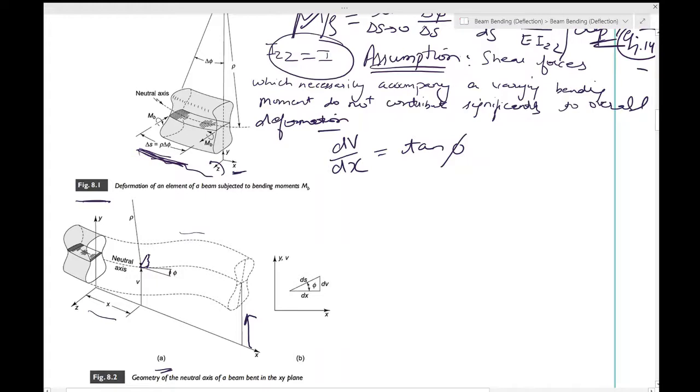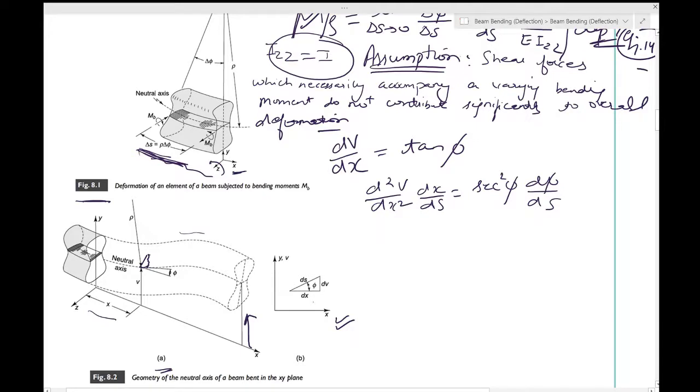So tan phi is equal to this value, and you want to differentiate with respect to the arc length s. That would be d2v by dx square into dx by ds, and tan phi differentiated would be sec square phi d phi by ds. You should also be able to visualize this in the xy plane.